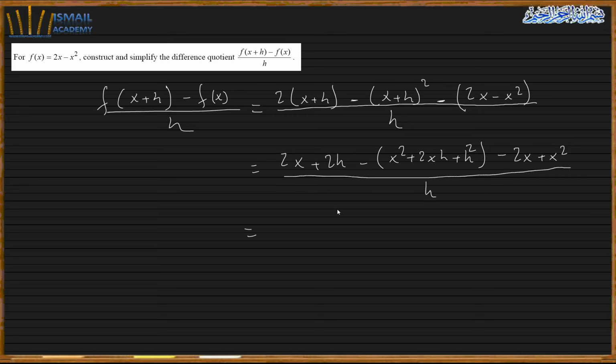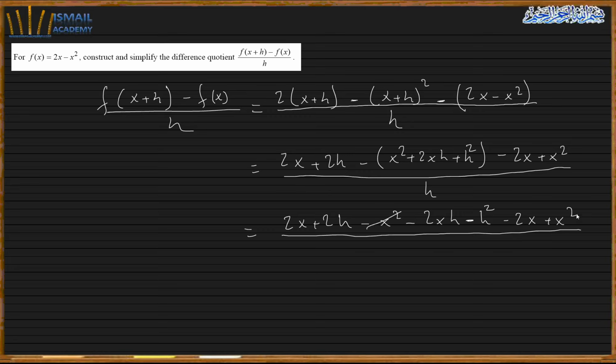So I distribute: 2x plus 2h minus x squared minus 2xh minus h squared, minus 2x plus x squared. Everyone can make mistakes, so be careful.